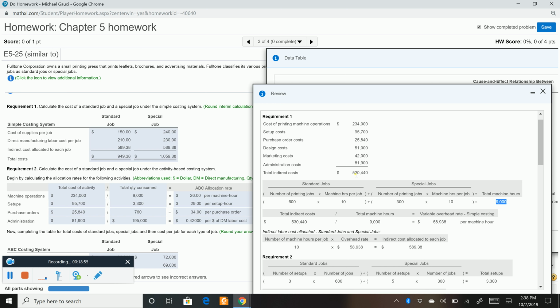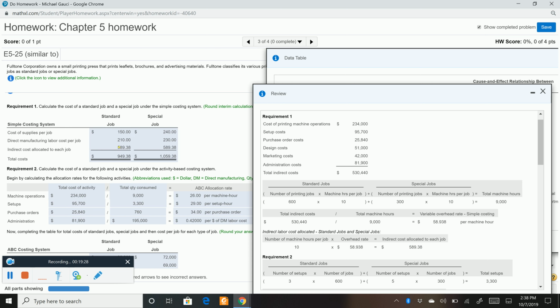So if I take my total indirect cost of $530,440 divided by the 9,000 machine hours, that will give us $58.938 per machine hour. And if we take that rate, and we know each job takes 10 hours, we will allocate 10 times 58.93, or $589.38, to every job.